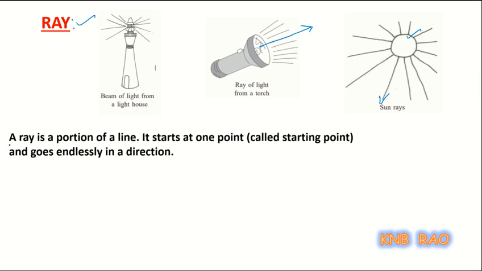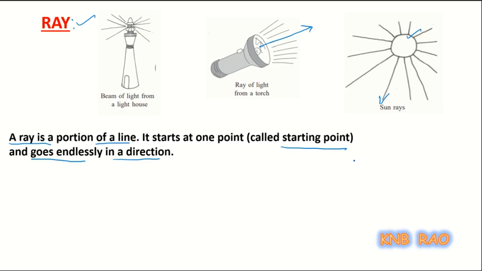A ray is a portion of a line, or a part of a line, which has a starting point and goes endlessly in one direction. Like here, the sun is a starting point and in one direction extension is going on. The bulb is a starting point, and in one direction that extension is going on.